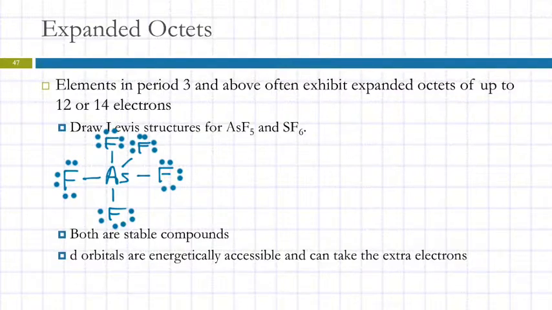Sulfur hexafluoride. Sulfur in the middle, and fluorines all around. There's 4. I'm going to squeeze in 2 more. And then you can count those electrons. I'm tired of counting by 2.